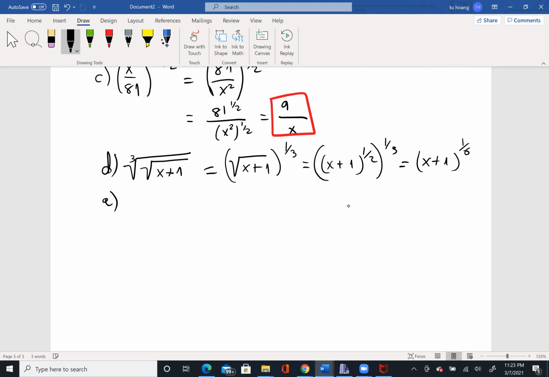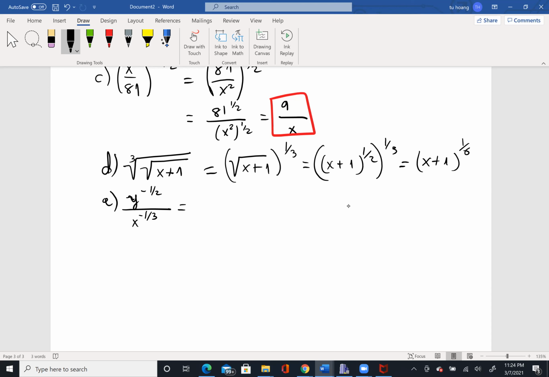E, I'm going to have, let's do, y to power negative 1/2 over x to the power negative 1/3. And now, how can I do this one? Firstly, I would love to convert all the negative power to become positive power.